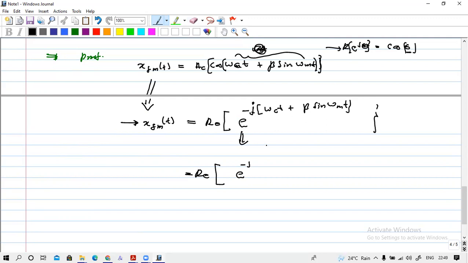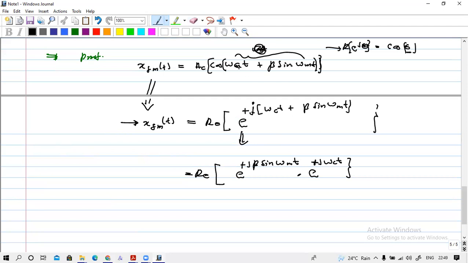I can write this as e to the power j beta sine omega_m t times e to the power j omega_c t, like this. Sorry, this is not minus, this is plus.